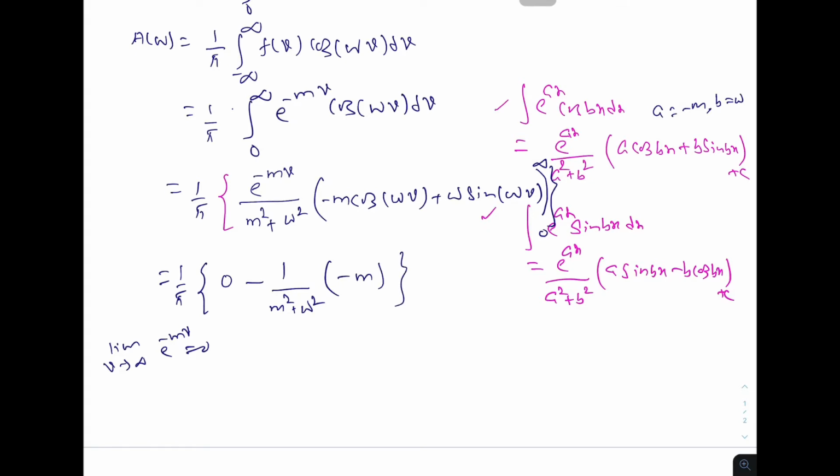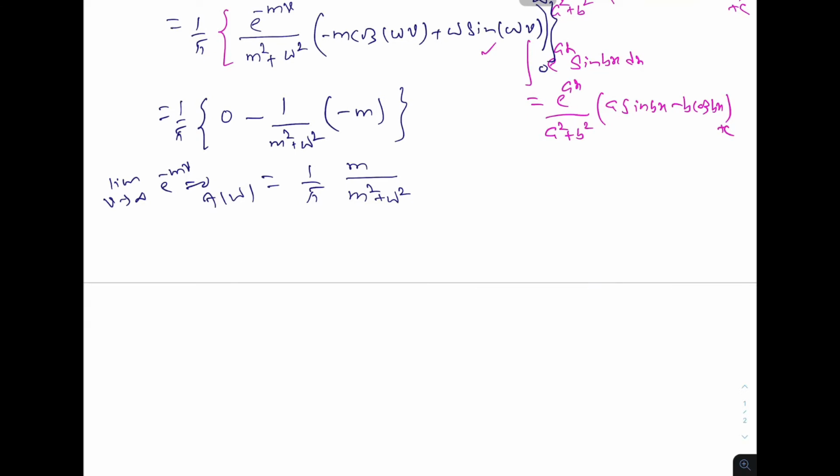So a(omega) is 1 upon pi times m over m square plus omega square.